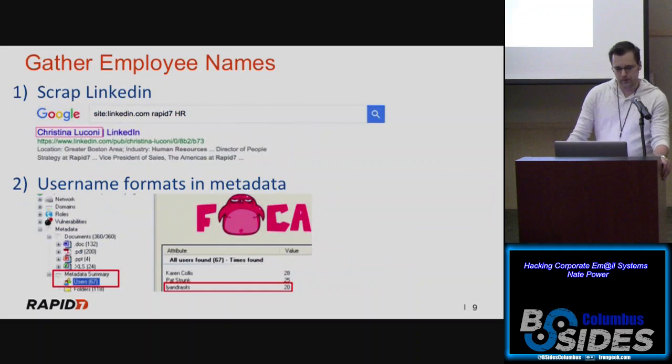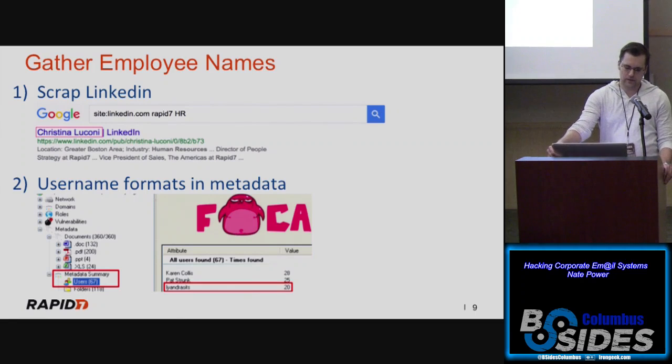Okay, an example number 1 there, it's just an example. It's showing me doing a Google search specifically at LinkedIn, and one of the scripts I have basically scrapes Google to try to identify employees that work at organizations. In this case here, we're able to locate someone that worked in HR at Rapid7.